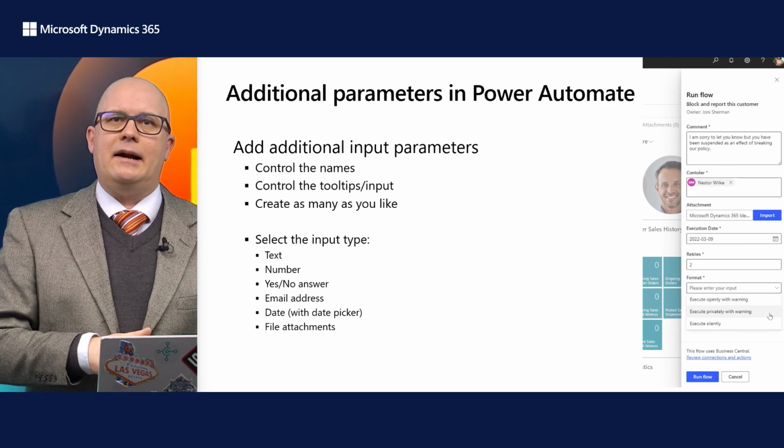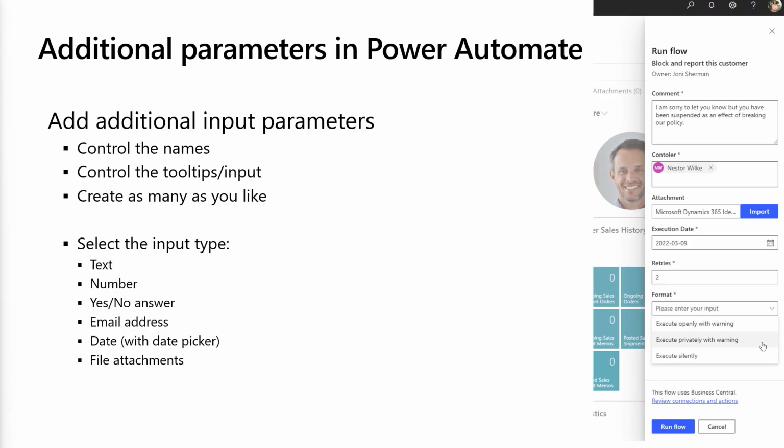An example that I have here on screen, as you can see, is a flow that is supposed to answer this kind of business need. For this particular sample company, they need a flow that blocks a specific customer and reports that to internal systems, but also to a specific controller. So there is a person in the company who is a controller, and we can provide the email address of that person.